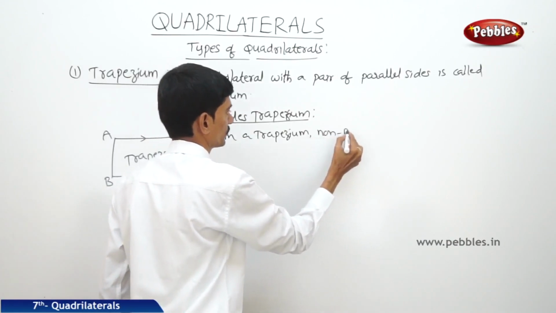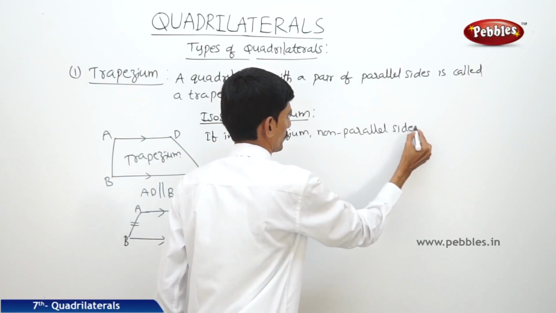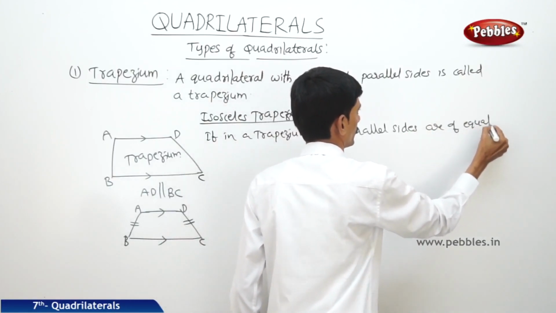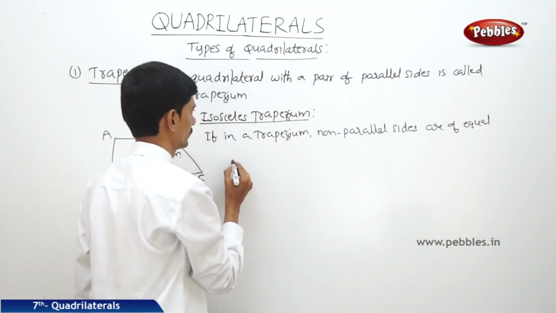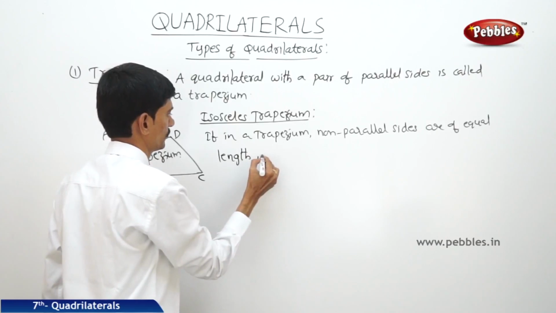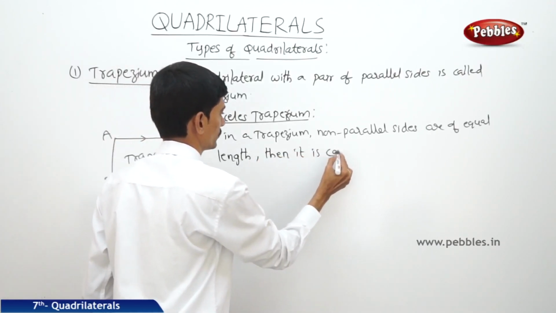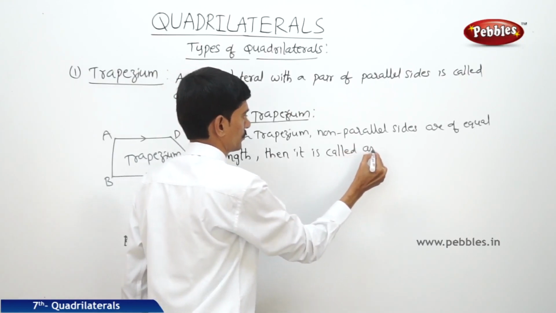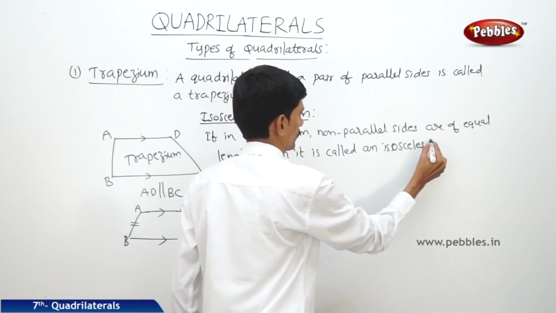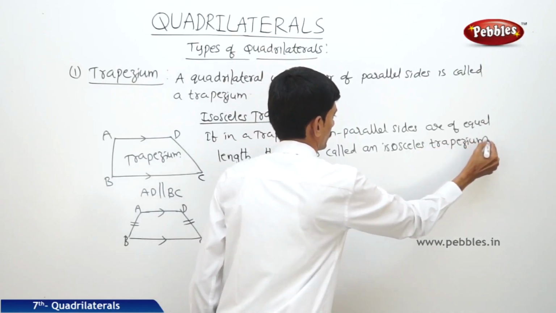So if in a trapezium the non-parallel sides are of equal length, then it is called an isosceles trapezium.